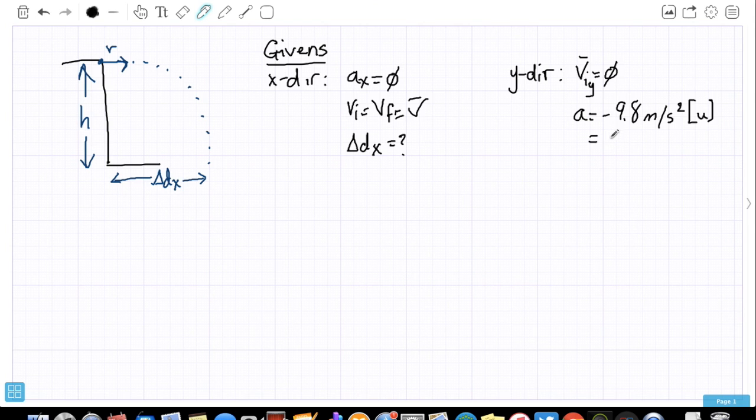We'll just make it g. And we know that the vertical displacement is whatever value this would be, it would be a negative. So let's make that negative h.